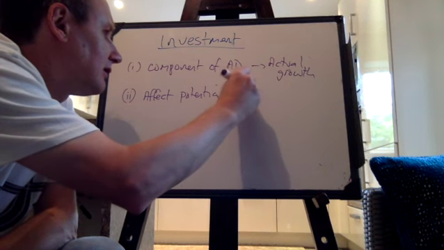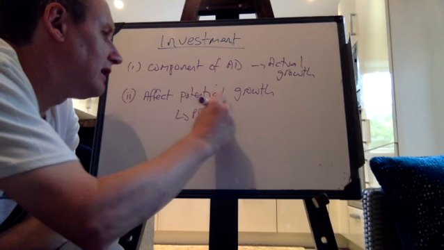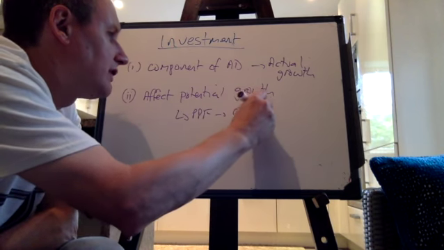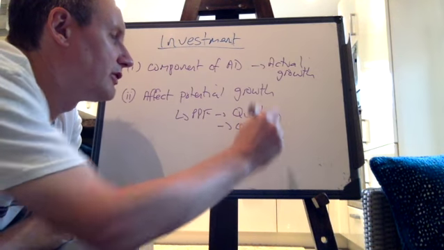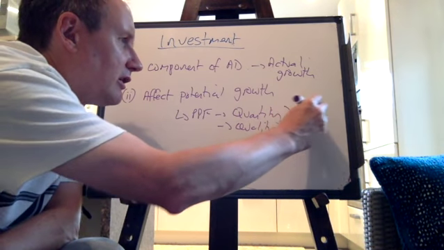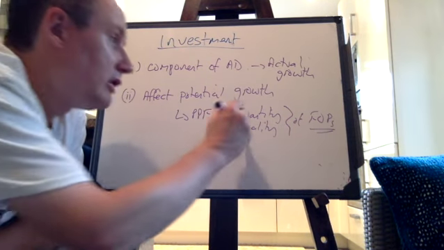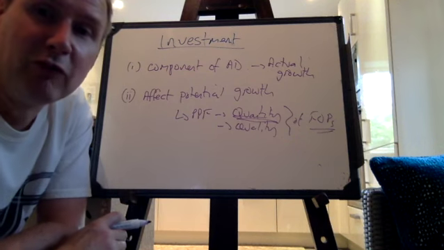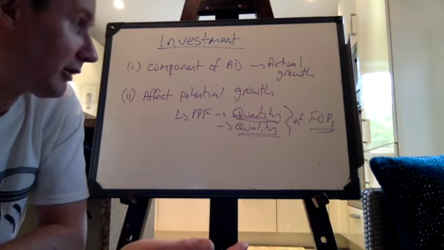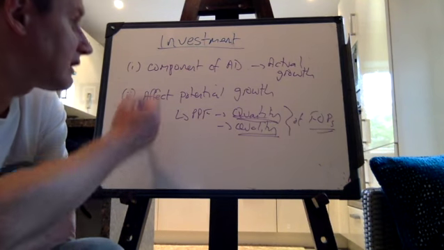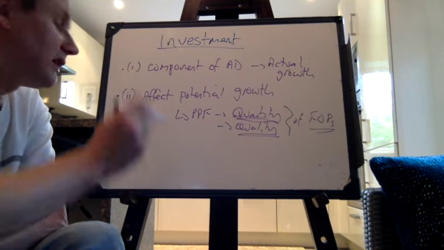We said that our production possibility frontier depends on the quantity and the quality, and the efficiency of use, of factors of production. Well, that's what investment does. It creates new factors of production, so we have more factors, and presumably these new factors of production are going to be higher quality as well. So therefore, it's expanding the potential of the economy. So it's creating both actual and potential growth.